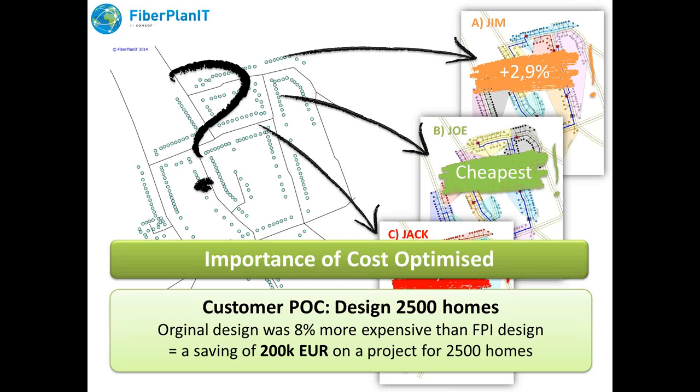He compared an original design that he made with a full FiberPlanIT design afterwards, and came up with an improved result of 8%. So in fact, he could save around 200,000 euro on his project by considering the FiberPlanIT design instead of a manual design. So you see the potential in relation to the investment levels for such a project is huge.